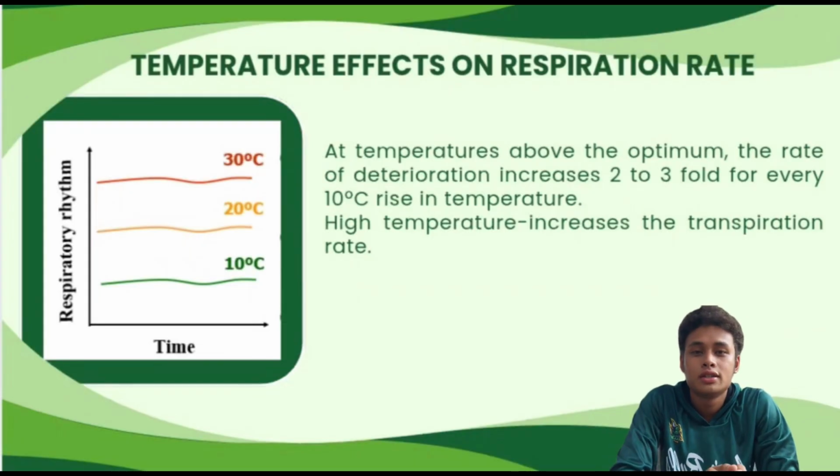Good day, everyone. So this slide shows how temperature affects the respiration rate of crops after harvest. Respiration is the process where crops use oxygen and release carbon dioxide, and this continues even after harvesting. As temperature increases, respiration also increases. In fact, for every 10 degrees Celsius rise in temperature, the rate of deterioration becomes about 2 to 3 times faster.